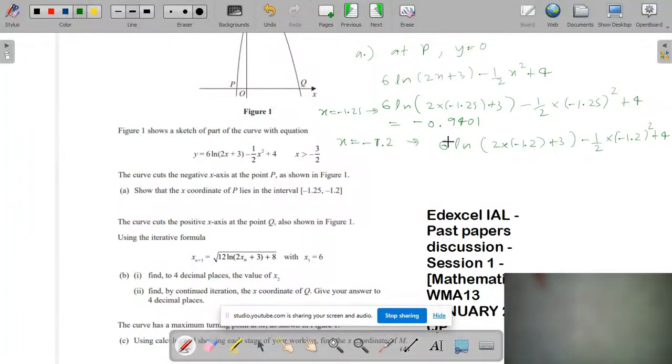If I type the same thing in the calculator, now I am getting a positive value, 0.2150.